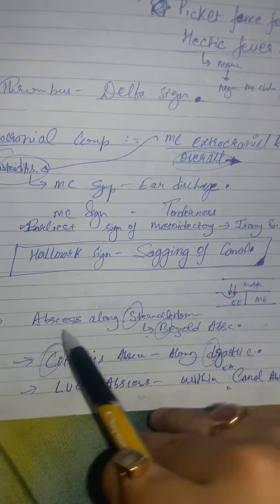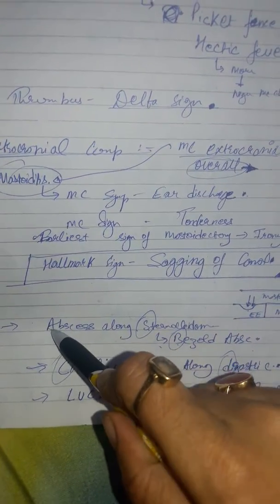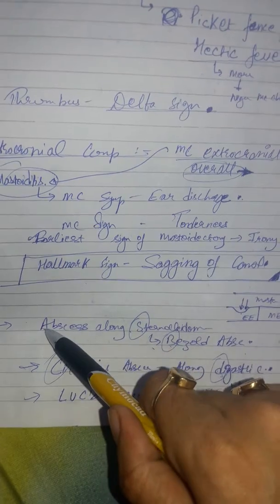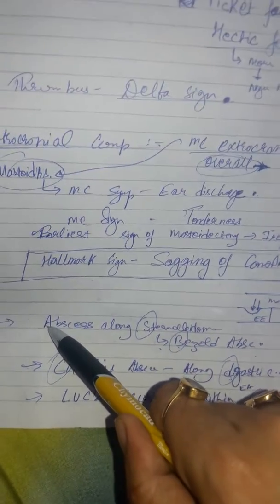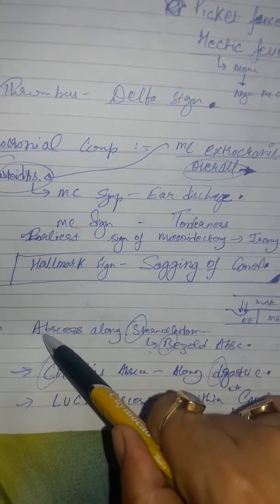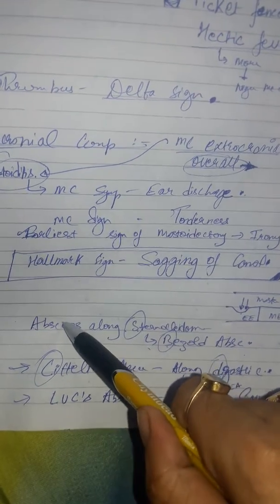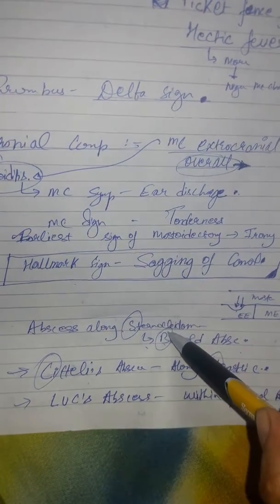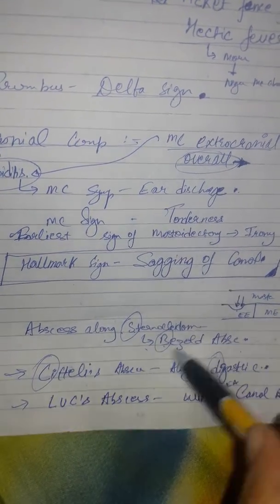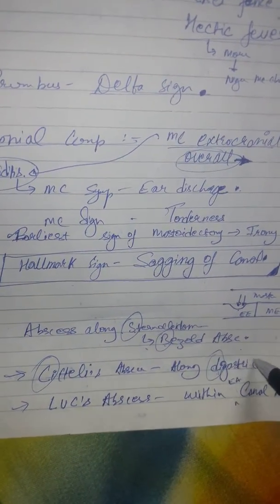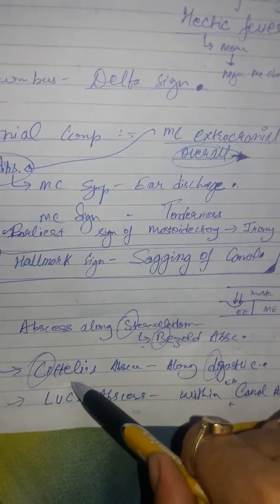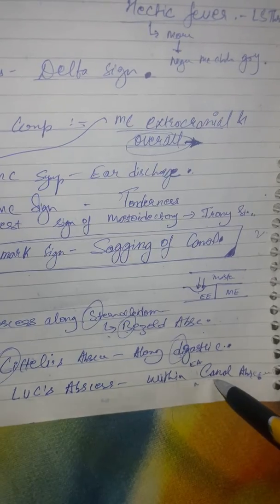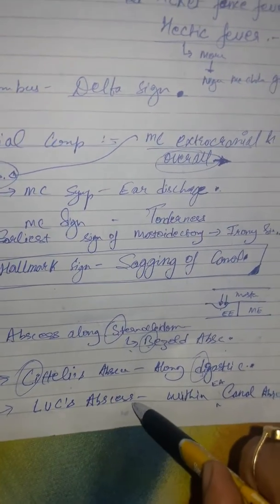Some random MCQs: abscesses along certain muscles have specific names. Abscess along the sternocleidomastoid muscle is known as Bezold abscess, abscess along the digastric muscle is known as Citelli abscess, and abscess within the external auditory canal is known as Luc abscess.